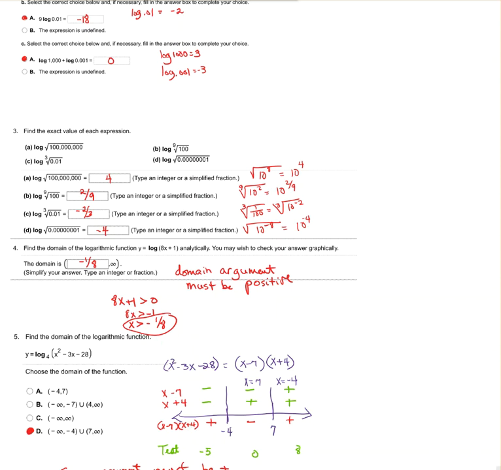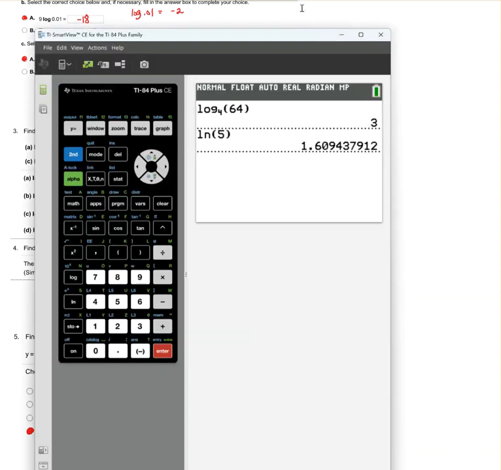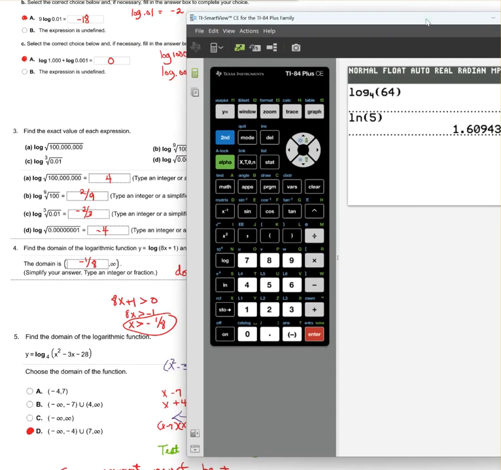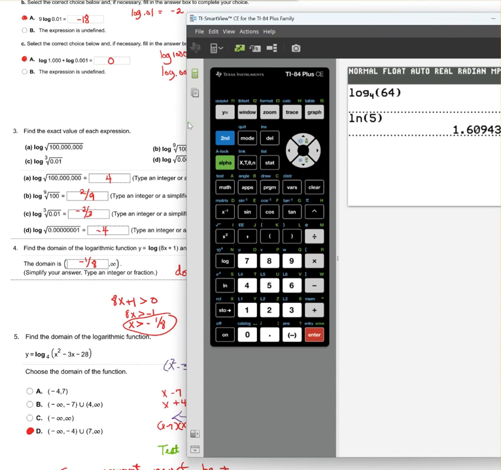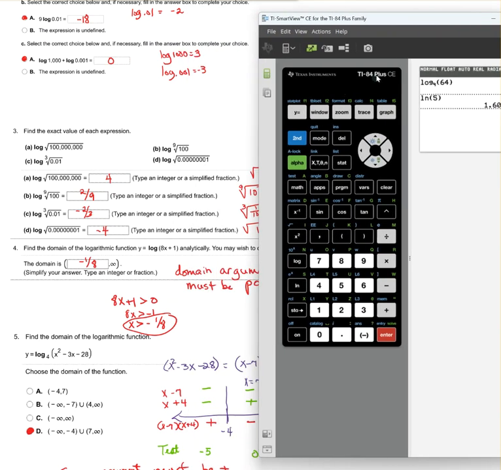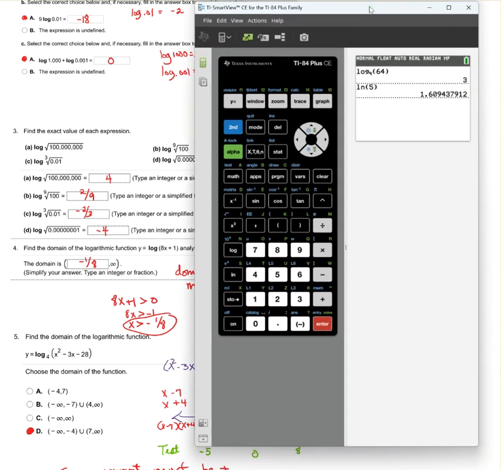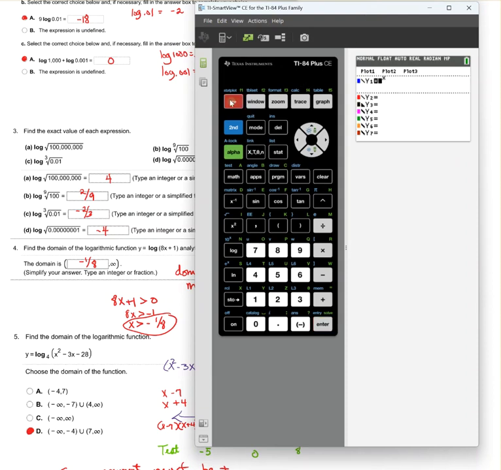Let's look at the calculator. All right, so we're going to go to y equals, and we're going to clear that out, and we're going to put log 8x plus 1. And we're going to do a zoom 6.